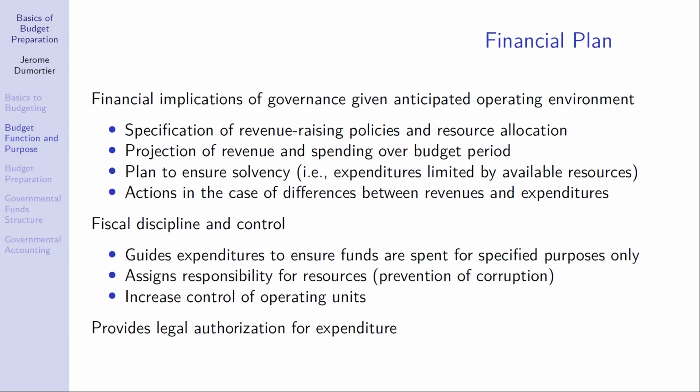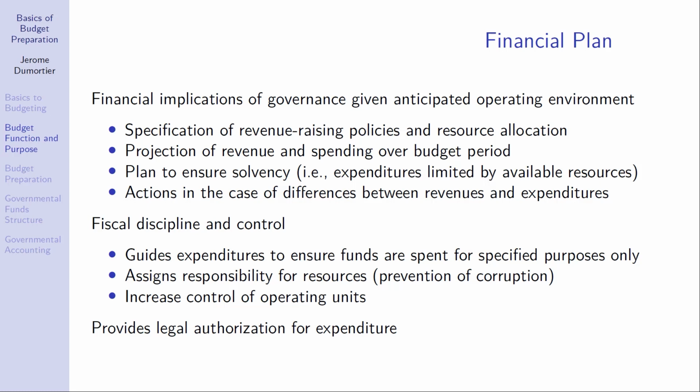Now, let us have a look at budgets as a financial plan. So basically, the budget lays down the financial implications of governing given anticipated operating environments. Anticipated operating environments basically refers back to forecasts. Budget specifies the revenue-raising policies as well as the resource allocation.